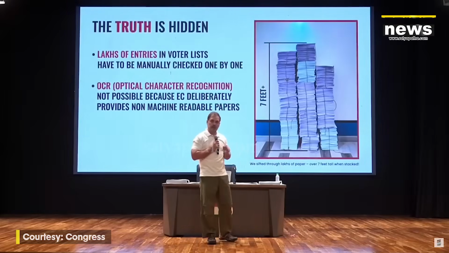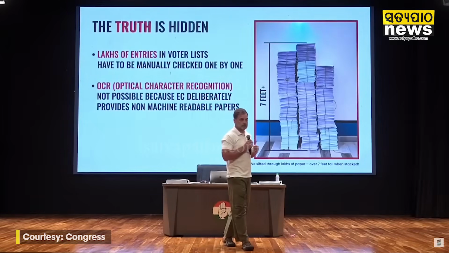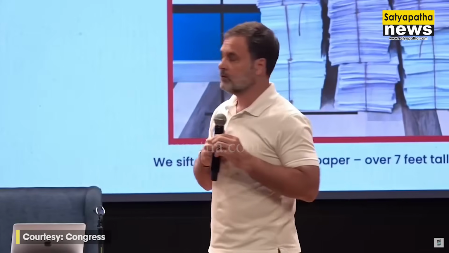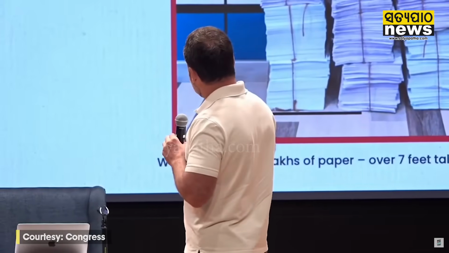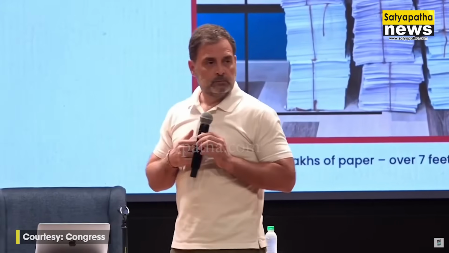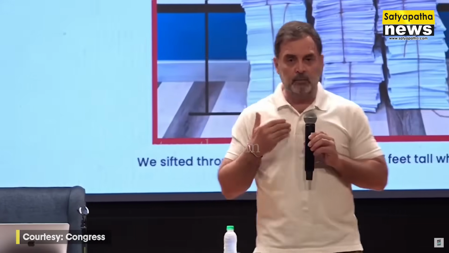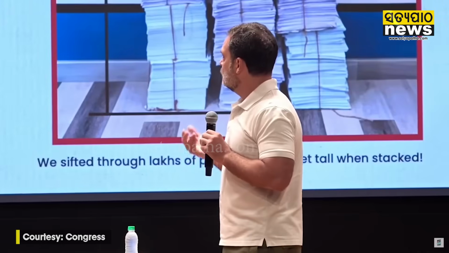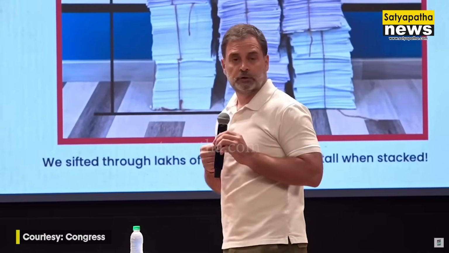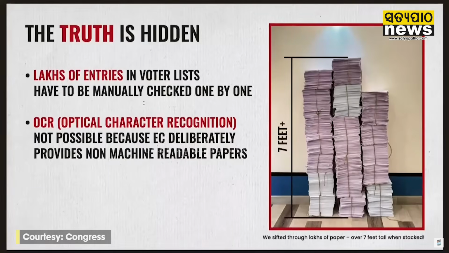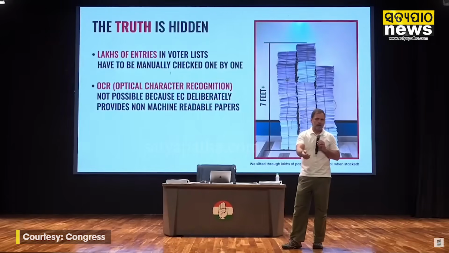Next. Sorry, just go back. There's another very interesting thing that we discovered, which came as a shock to us, which is that these papers that are given do not allow for optical character recognition. If you scan them, you can't actually get the data out of them. And we were surprised.